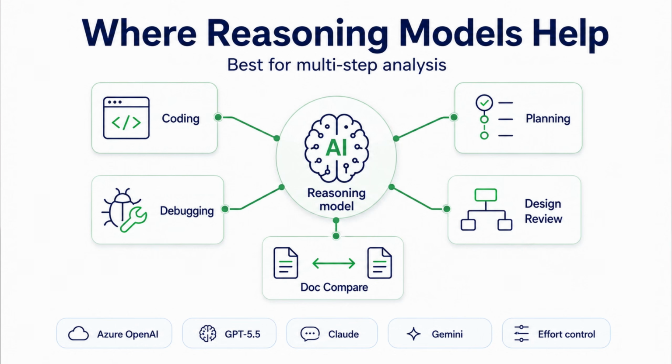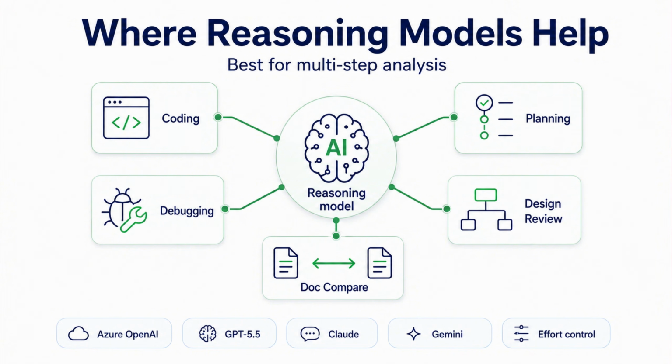And in the Microsoft and Azure environment, Azure OpenAI reasoning models support scenarios like complex coding, workflow analysis, and document comparison, while also allowing reasoning effort control so teams can balance quality, latency, and token usage depending on the workload.